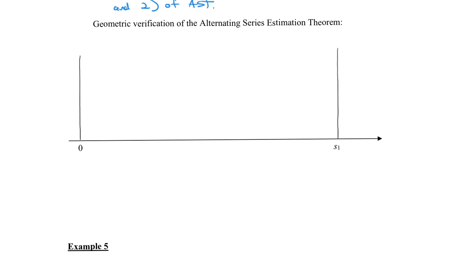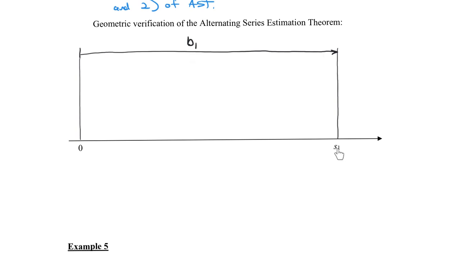So I take b sub 1 and add it to 0. The first term of the series is b sub 1, and that brings us over to s sub 1 on the number line. b sub 1 is the first term of the series, and s sub 1 is the sum of the first term.